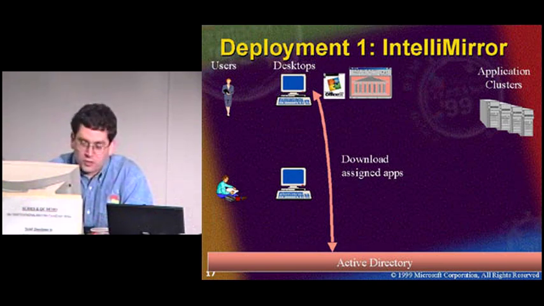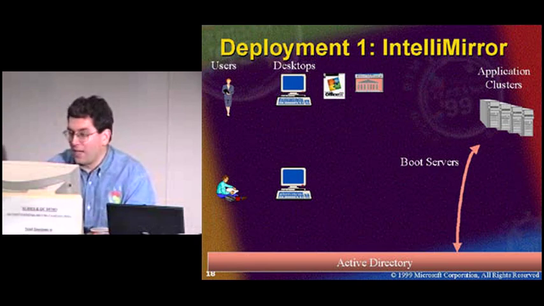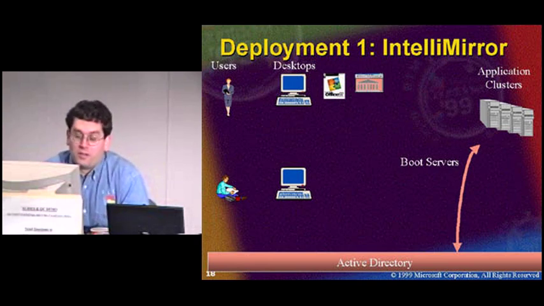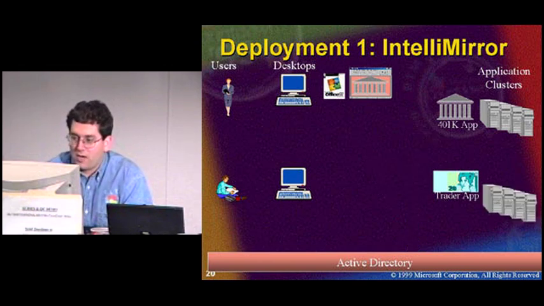Now, servers boot, maybe they booted before the user logged on, potentially. And at boot time, again, the system goes to the directory service and determines the list of applications that should be assigned to the server. So in this case, the COM+ server applications could be downloaded and installed on this machine. Now, as the user starts running the client application, it tries to connect to the server.